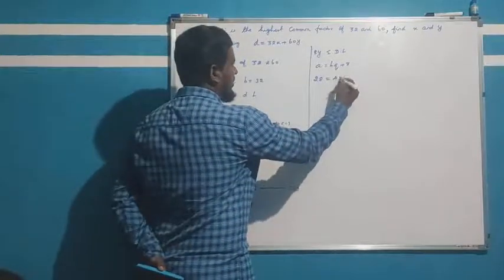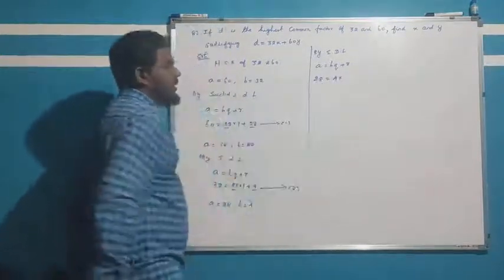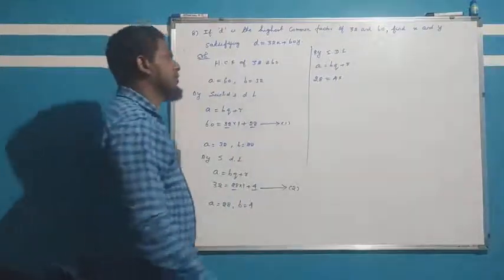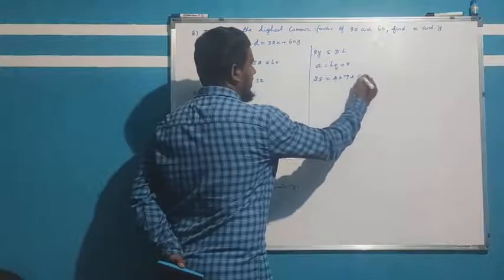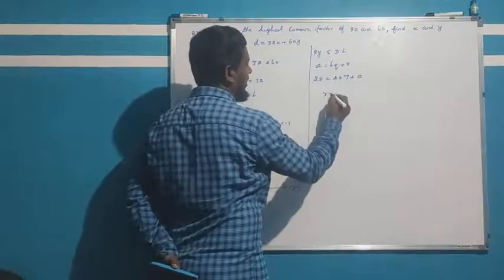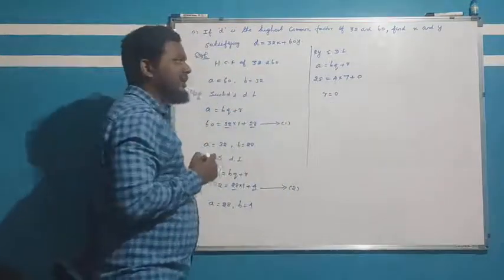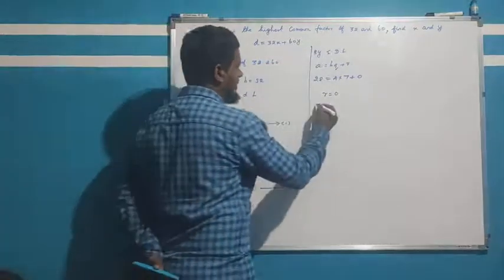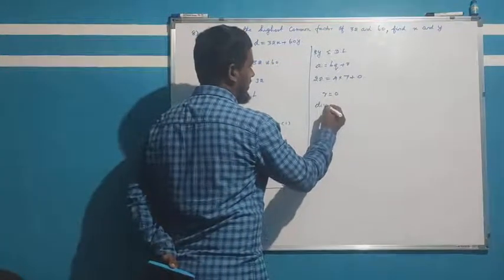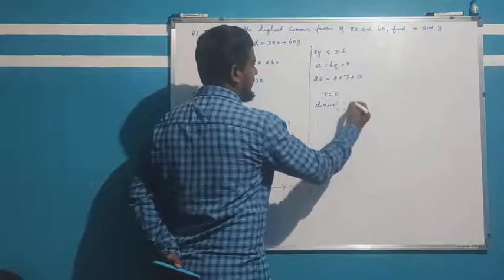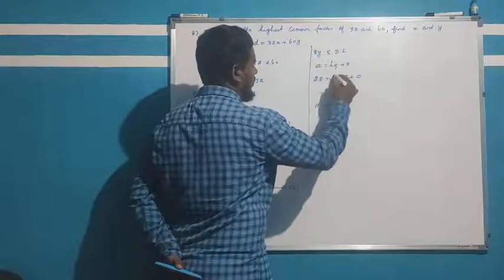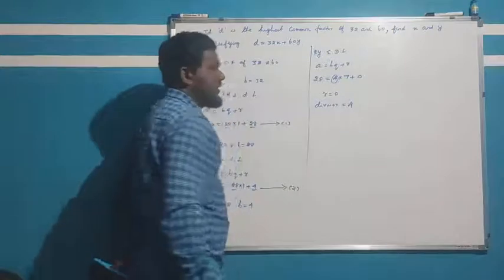How many times can 4 be multiplied to be equal to or less than 28? 7 times is possible, 7 fours are 28. So the remainder is 0. We got remainder 0, so what is the divisor? The divisor is 4.